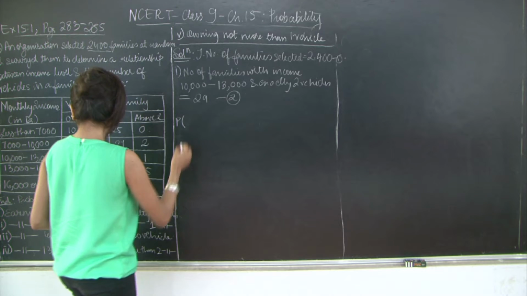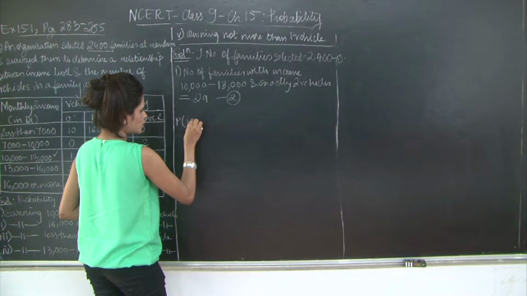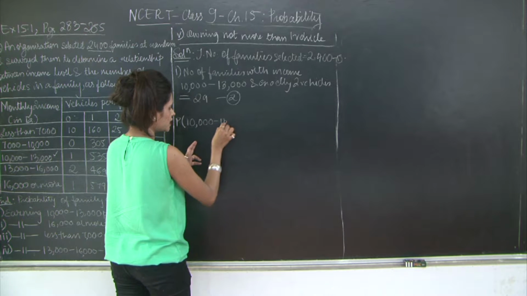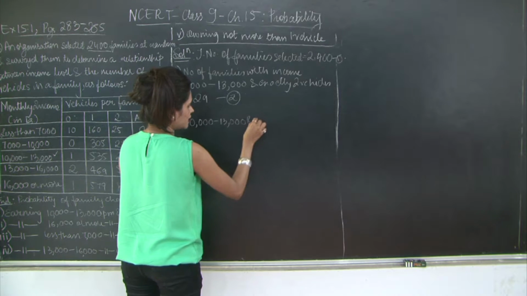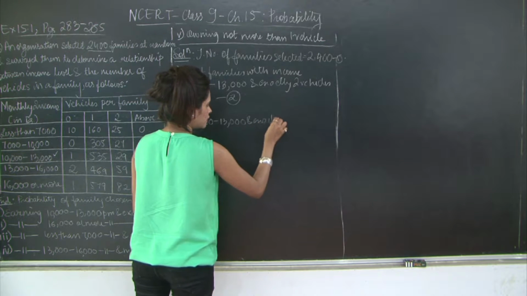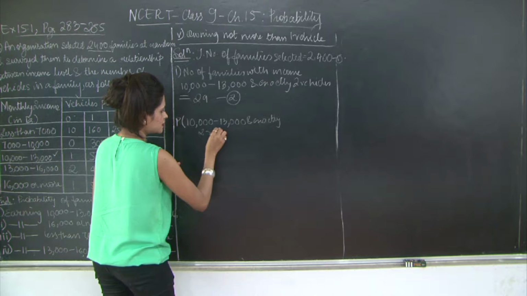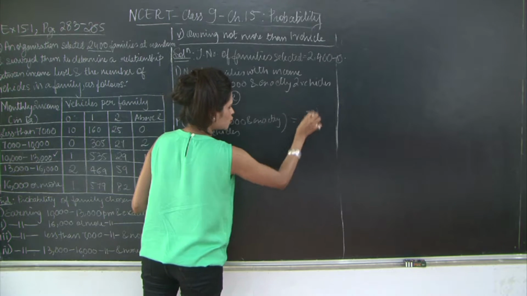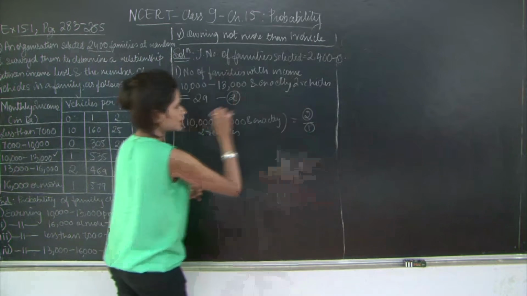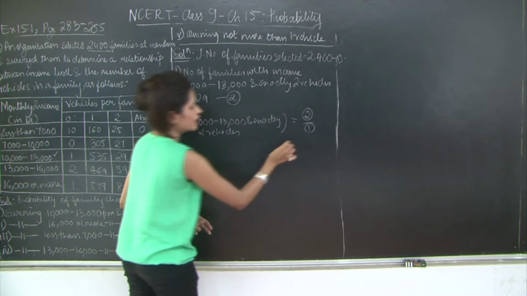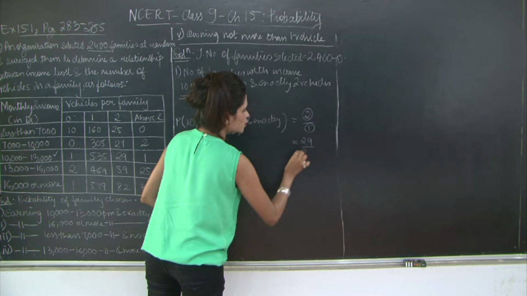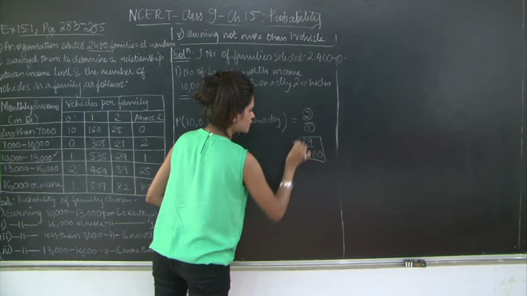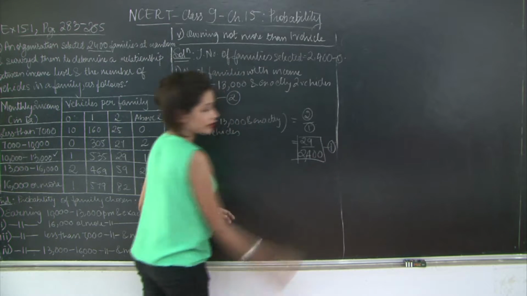Probability of 10,000 to 13,000 (we are just going to write the short form), that is for families in the income group 10,000 to 13,000 and exactly 2 vehicles, is equal to 2 divided by 1. That is equation 2 divided by equation 1. This is going to be 29 upon 2,400. This is your answer to the first sub question.